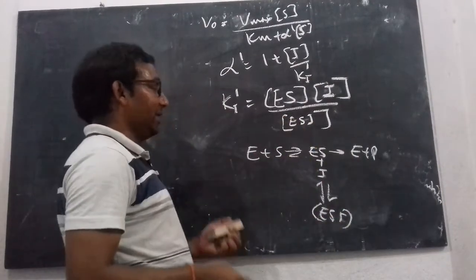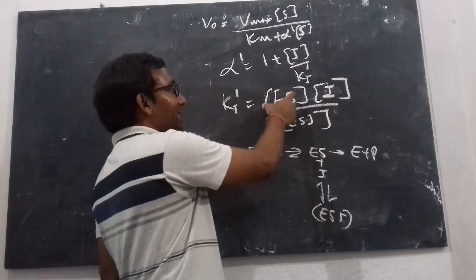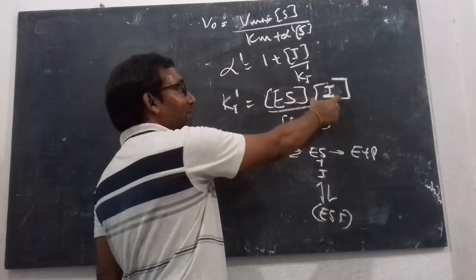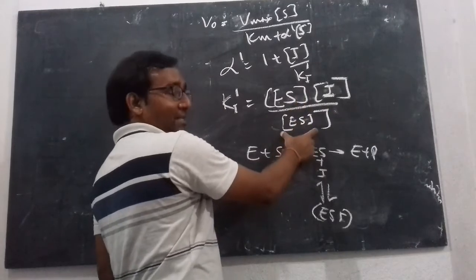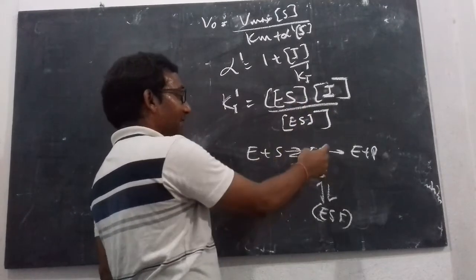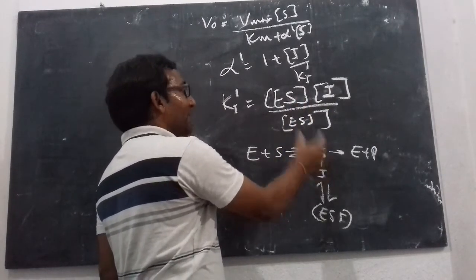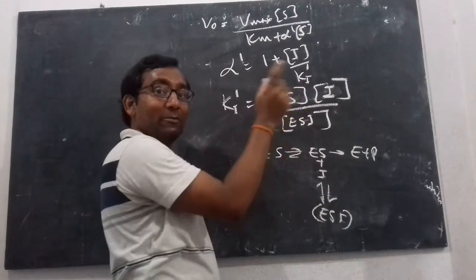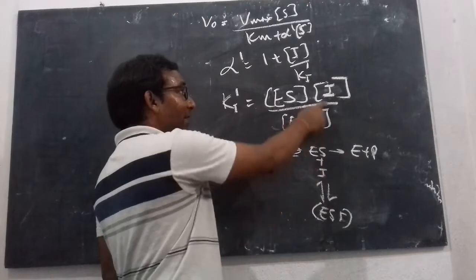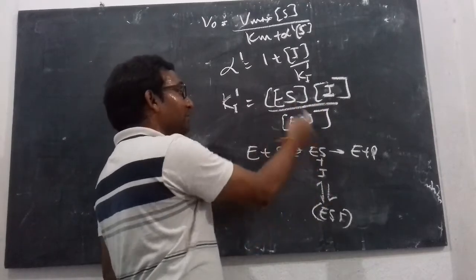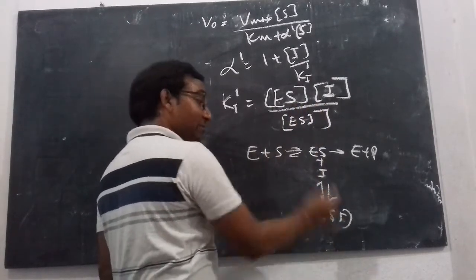So it was a mistake on my part that I was writing here enzyme concentration, substrate concentration. Normally we write enzyme concentration, substrate concentration divided by enzyme substrate concentration. But in this case, instead of enzyme you write enzyme substrate concentration because the inhibitor is binding to the enzyme substrate complex. Instead of substrate, you will write inhibitor. And instead of enzyme substrate concentration, you will write enzyme substrate inhibitor concentration.